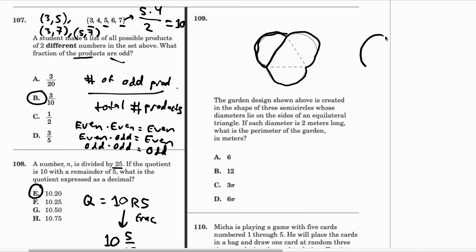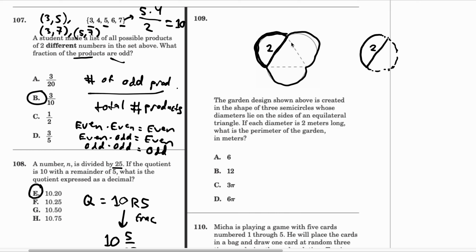But remember that this is a semicircle, so this half right here is the unseen part of the semicircle, and this line here is going to be our diameter, and it's going to be 2. If we look back here, this is our semicircle, this is the diameter.